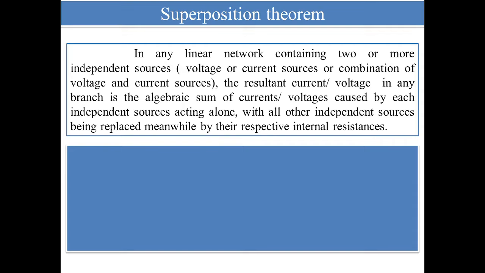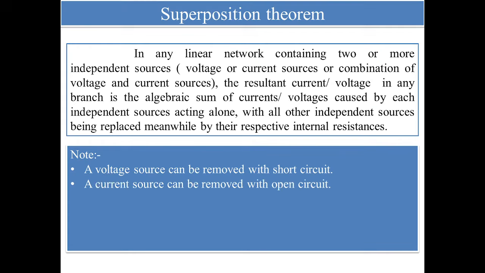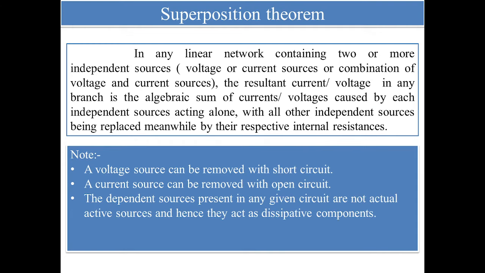In order to apply the superposition theorem, we need to note certain important points. If we have a voltage source, we can remove it with the help of a short circuit. If we have a current source, it can be removed with the help of an open circuit. And the dependent sources present in any given circuit are not active sources, hence they act as dissipative components.